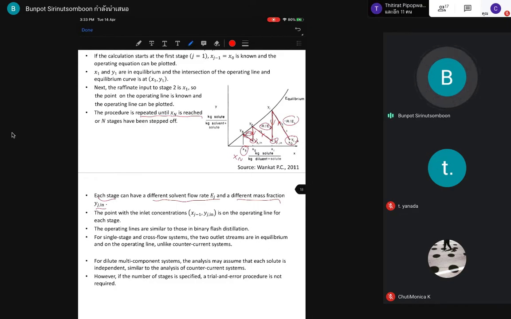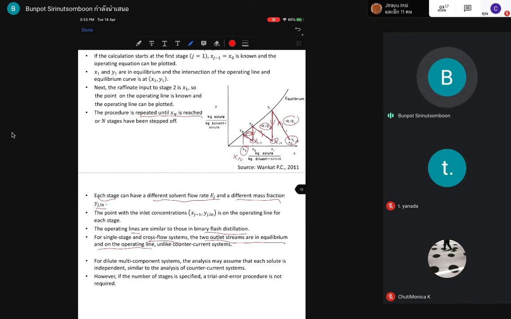These lines are similar to the earlier ones, and for the cross flow system, the two outlet streams are in equilibrium, and they are also on the operating line.